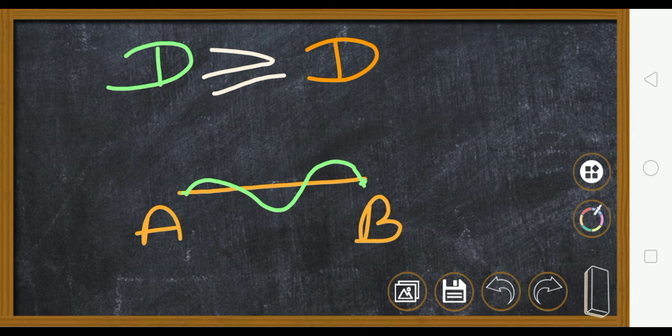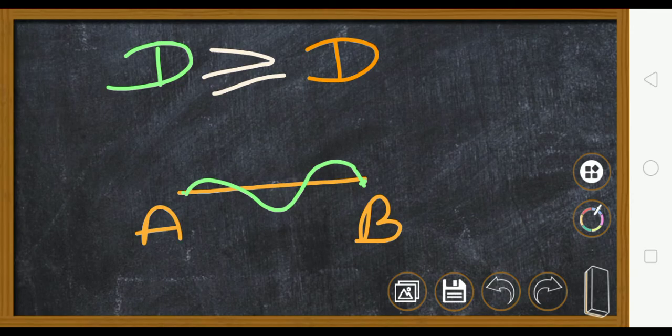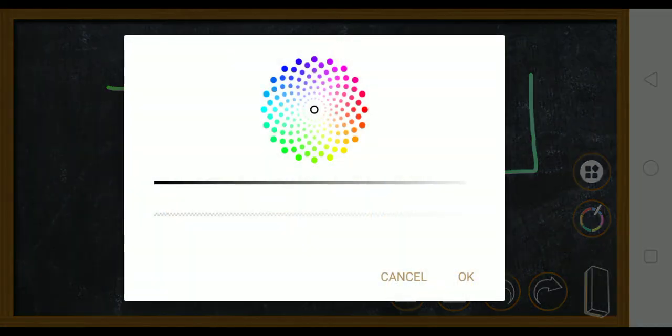Okay. Now let's take a different example where a particular body goes like this. Again I will take green color for my displacement. The body goes like this, in the east, then it goes like this to the north. So this is my distance. Now how will I calculate my displacement?